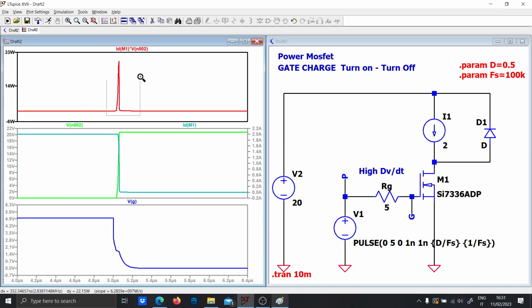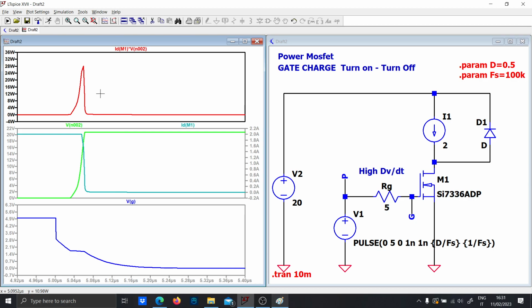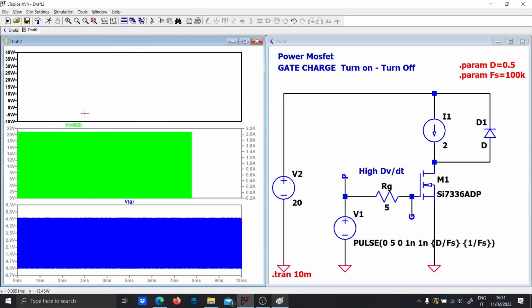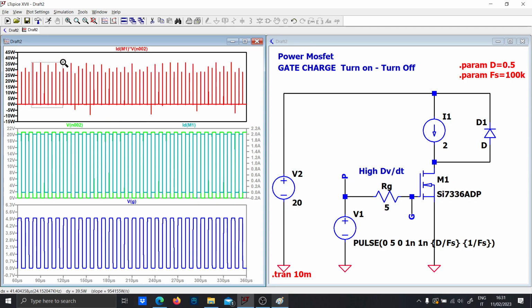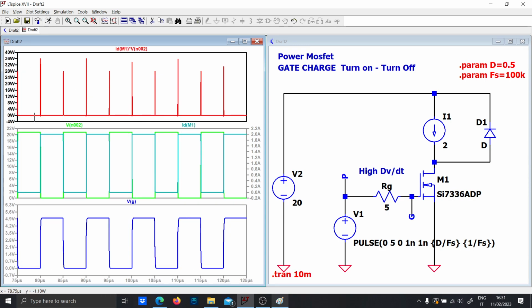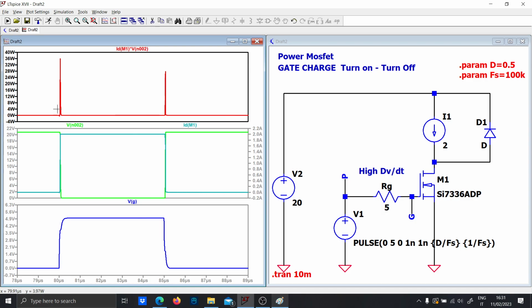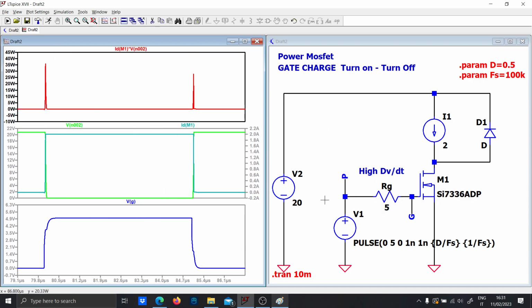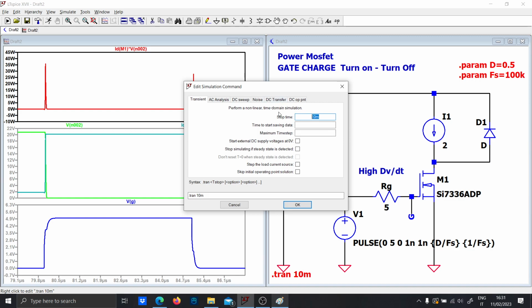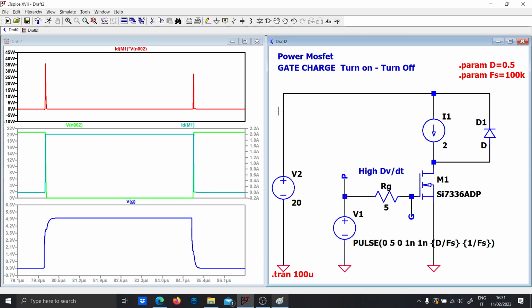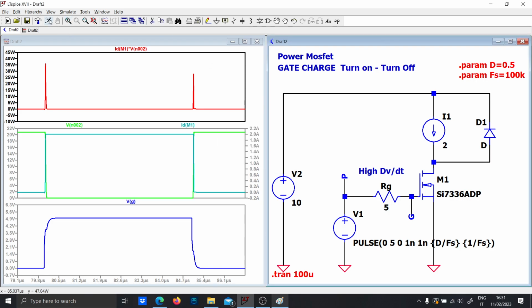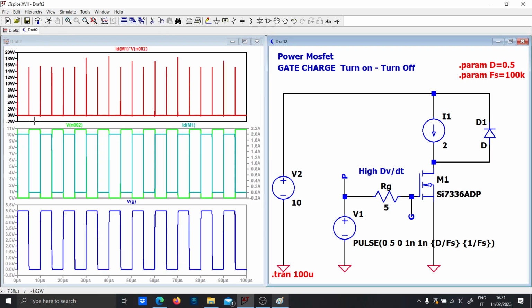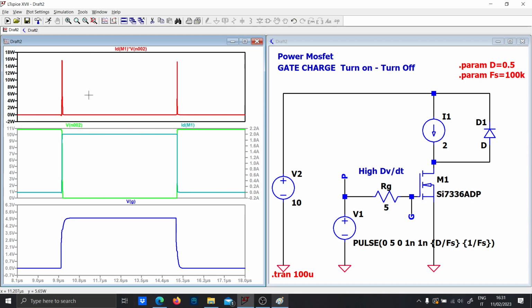So what is going on here? You have 2 kinds of power. Let's forget for a second the spikes. I think that I have to slow down the time simulation to 100 microseconds and lower this voltage to 10 volts so that I can appreciate the power dissipation more.